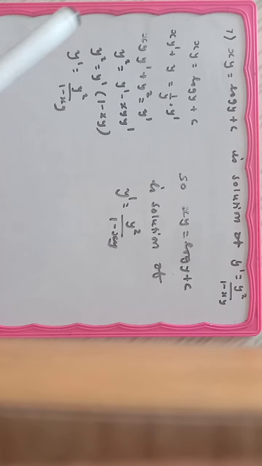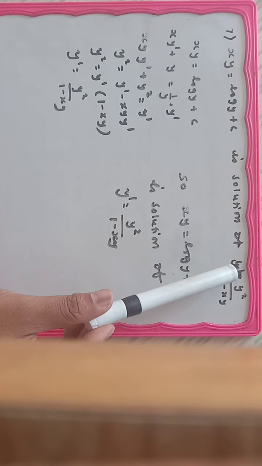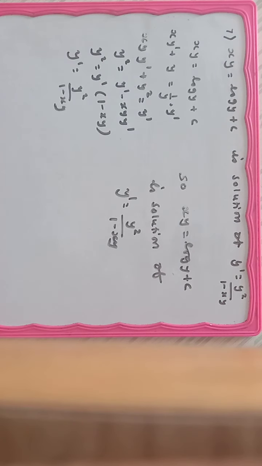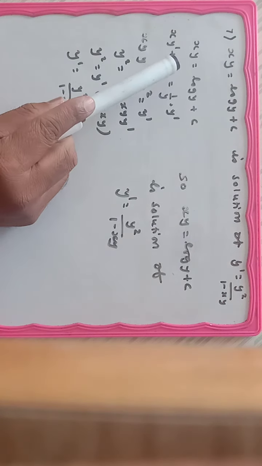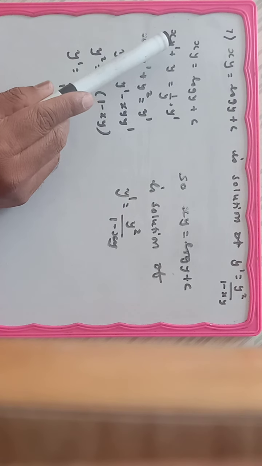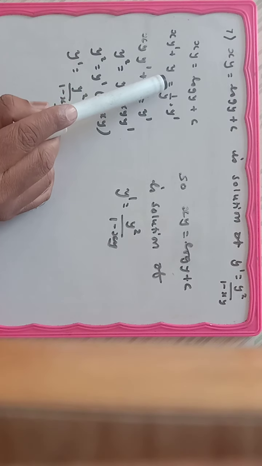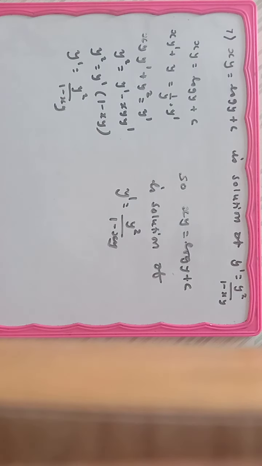Now 7th question: we have to verify that xy equals log y plus c is a solution of y' equals y square upon 1 minus xy. So xy equals log y plus c, we differentiate with respect to x, then we apply the product rule: xy' plus y equals 1 by y times y'.